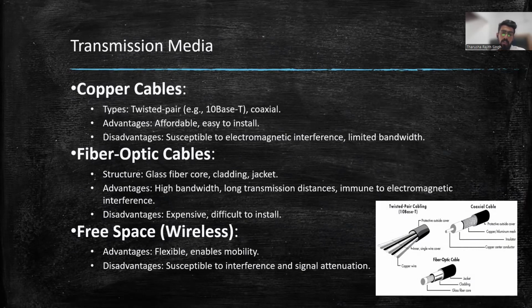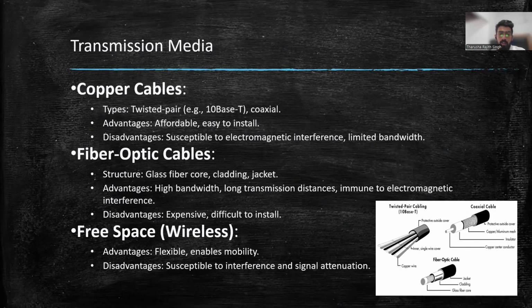Copper cables, such as twisted pair and coaxial cables, are widely used due to their affordability and ease of installation. Twisted pair cables consist of pairs of insulated copper wires twisted together to reduce electromagnetic interference, and they are commonly used in Ethernet networks.